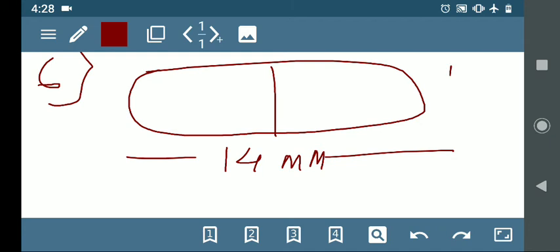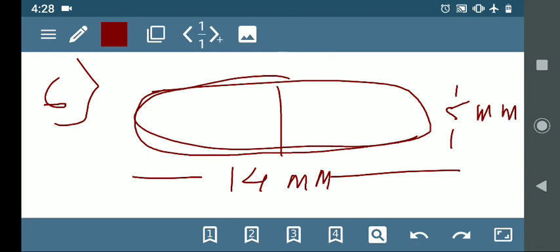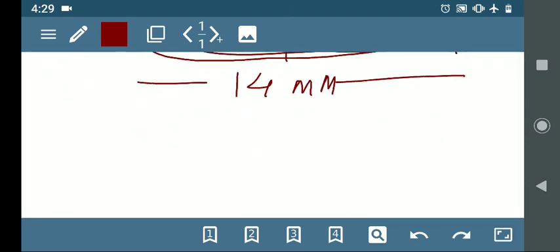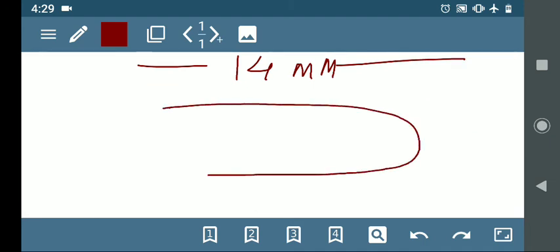Dear students, the above diagram we can rewrite as this, the capsule, right? What he is saying is the two ends are hemispherical in shape. Let us cut these hemispherical shapes. Here the entire length is 14 millimeter.